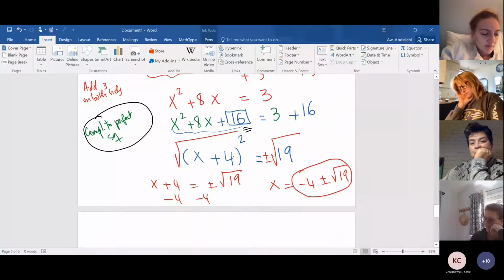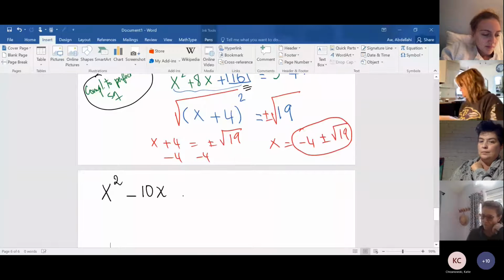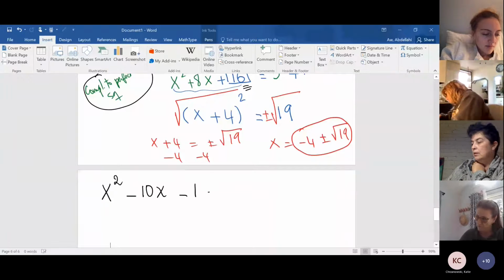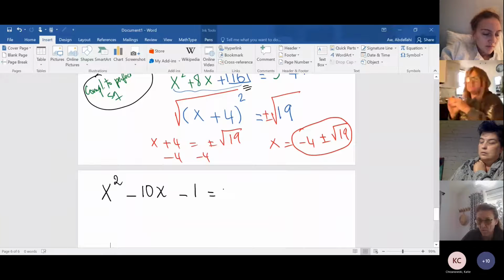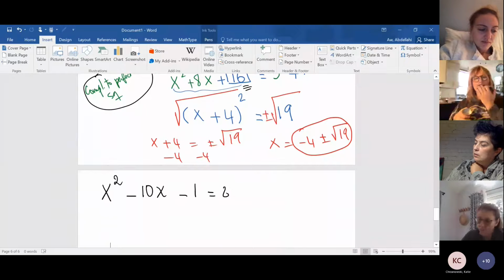So if you have something like that, x² - 10x - 1 = 8. Okay, so that is one equation. Try to do this one.